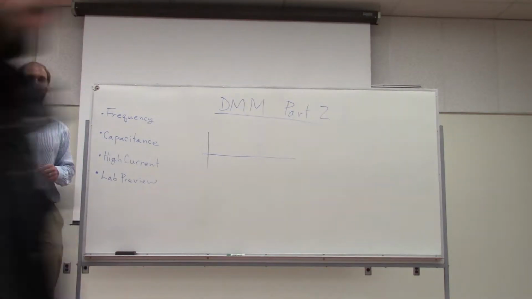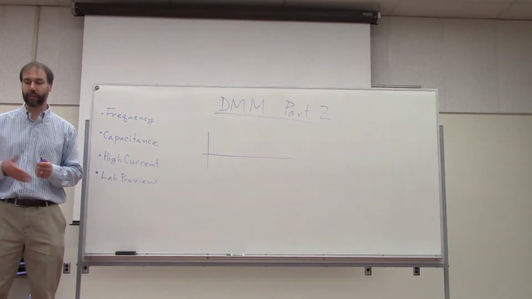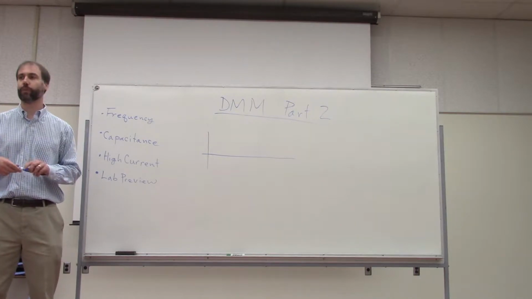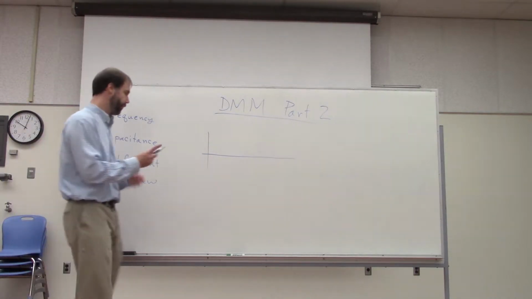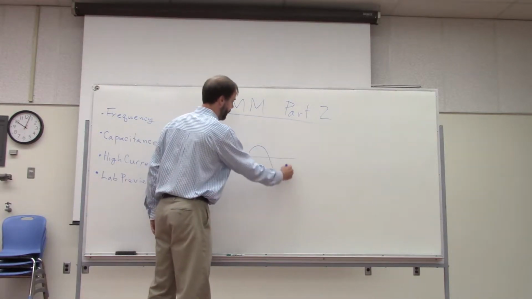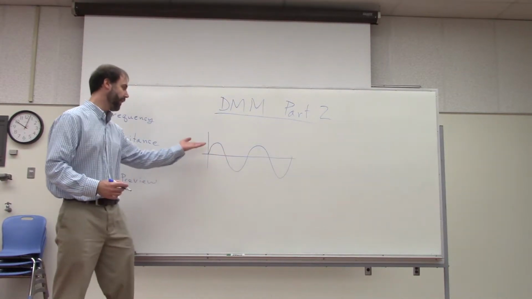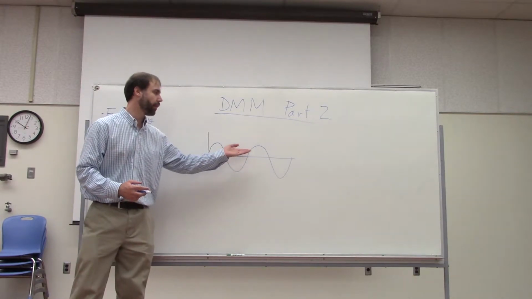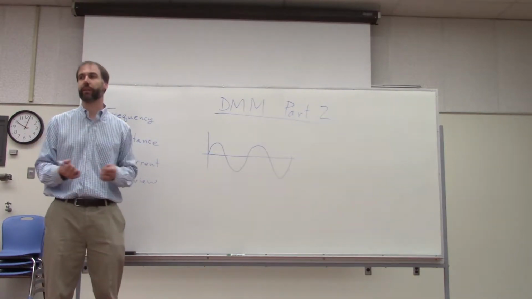Frequency is really how quickly that signal repeats. So if you're talking about a sine wave, for instance, the frequency is how many times that sine wave occurs in 1 second.